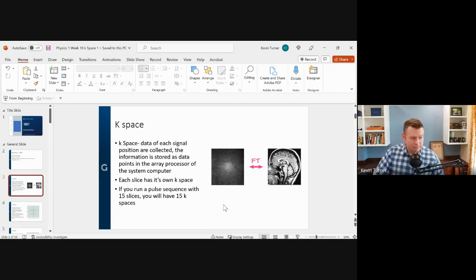We care about this because next week we're going to talk about all the ways that we can manipulate K-space to make our images go faster or look better, right? Zip 512, acquired versus reconstructed matrix, those are ways to manipulate K-space to improve resolution. Parallel imaging, half Fourier imaging, those are ways to save time by manipulating K-space. All right.